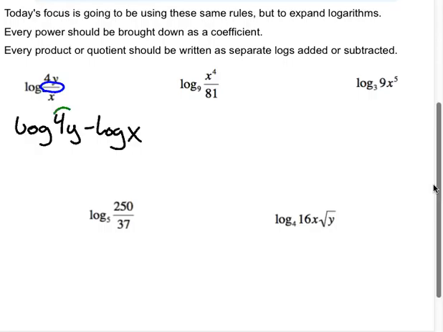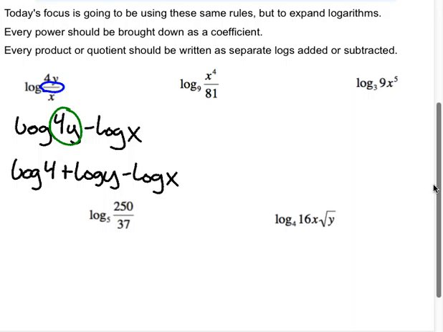Then, this multiplication, that multiplication should be written as addition. So expanding is literally doing what its name implies. I'm writing it out bigger, okay? I'm separating it out into many different terms, okay?